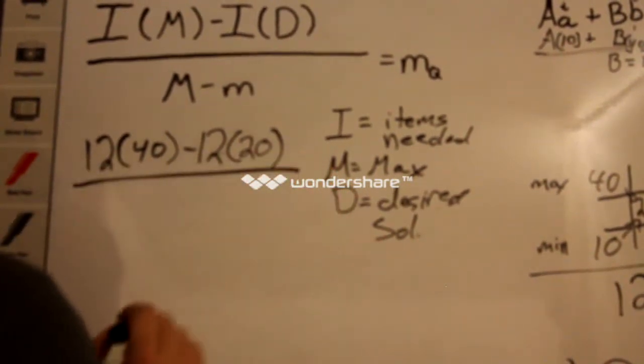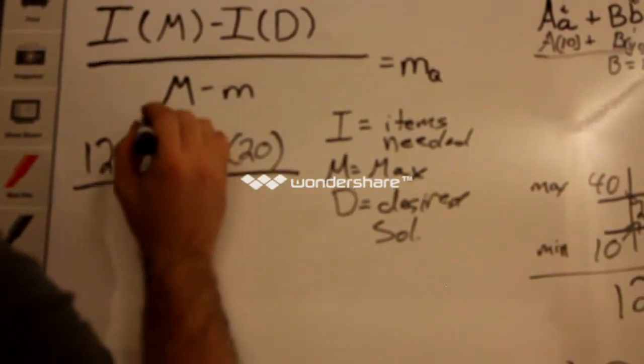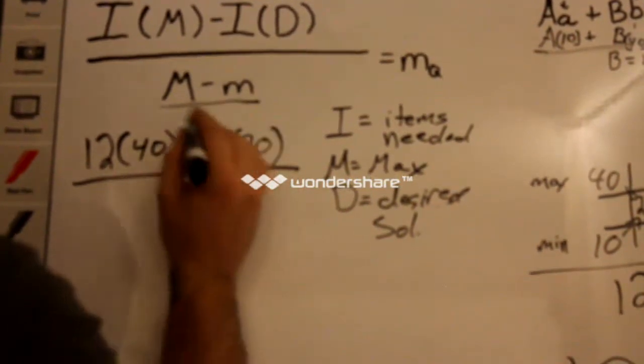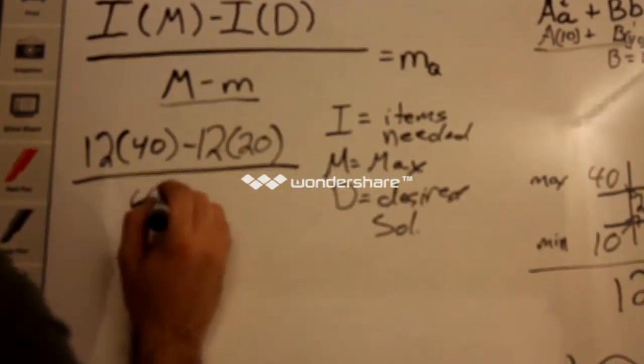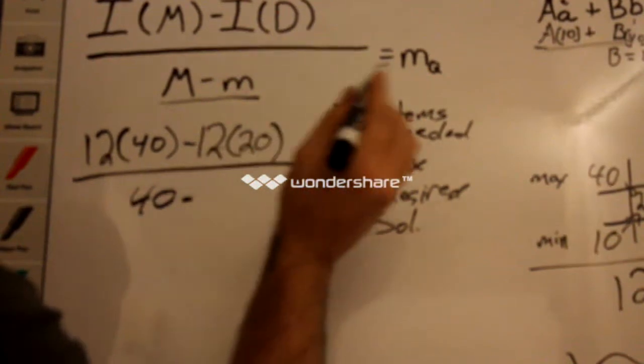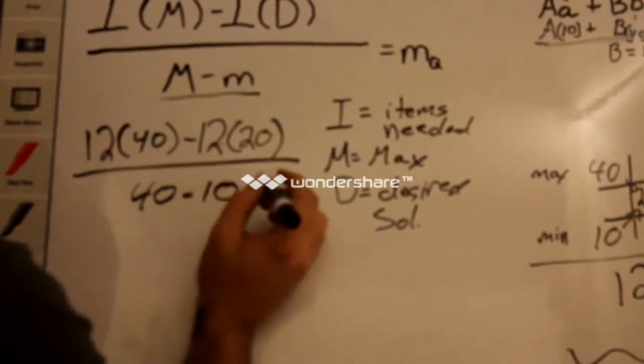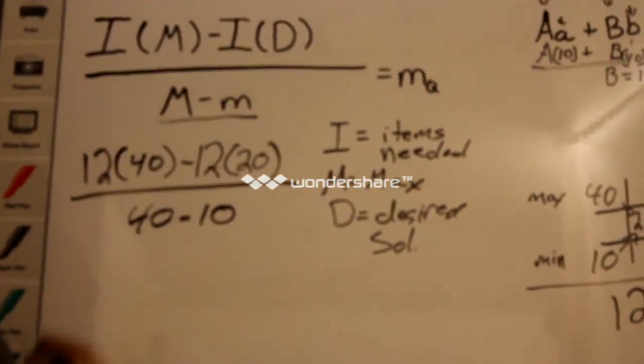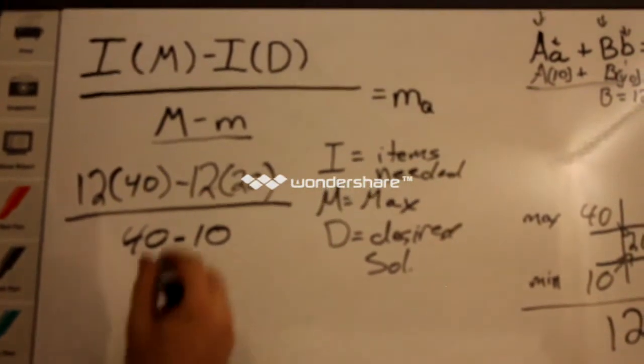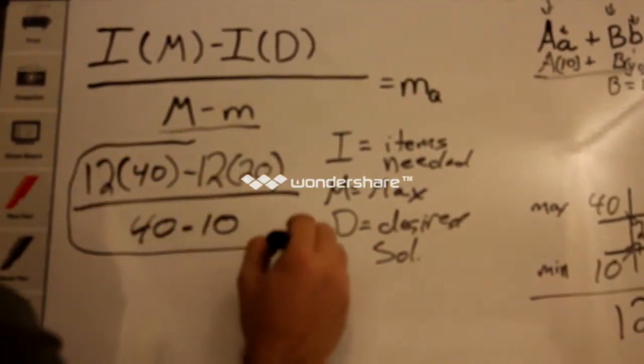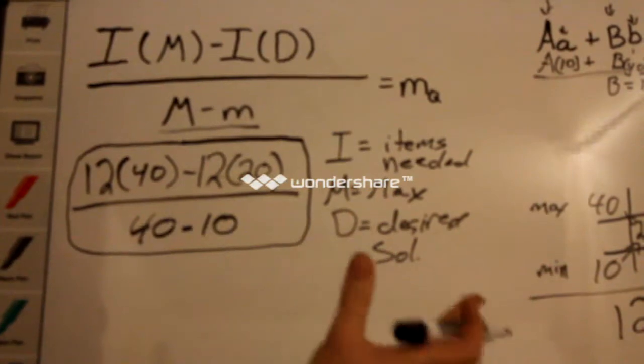We're going to take that and divide it by the difference between the maximum, which is our 40%, and our minimum, which is 10%. So when we run this out, I've put in all my numbers once. I have no variables left, no unknowns to solve for.